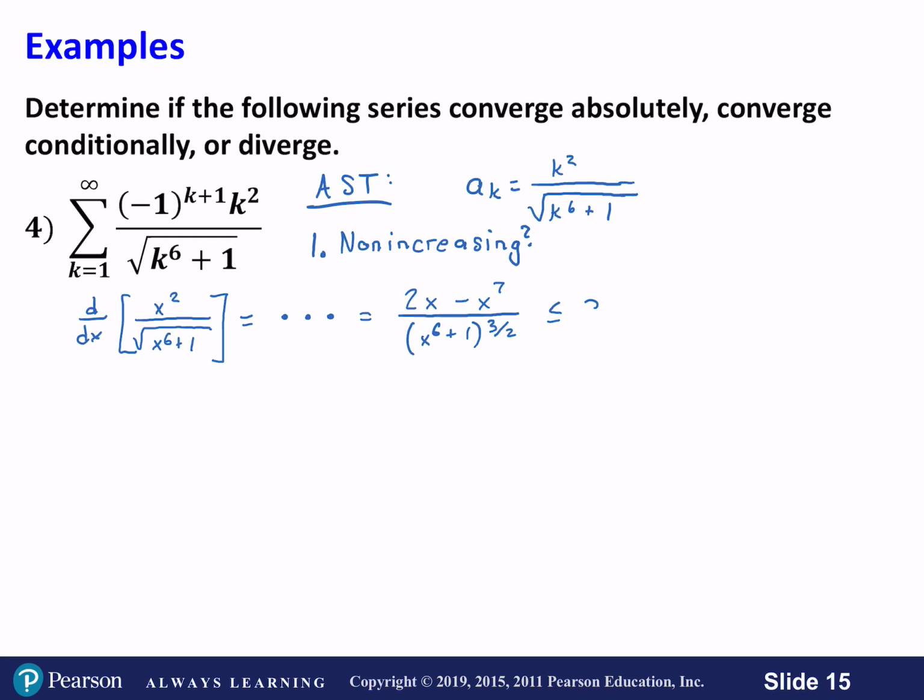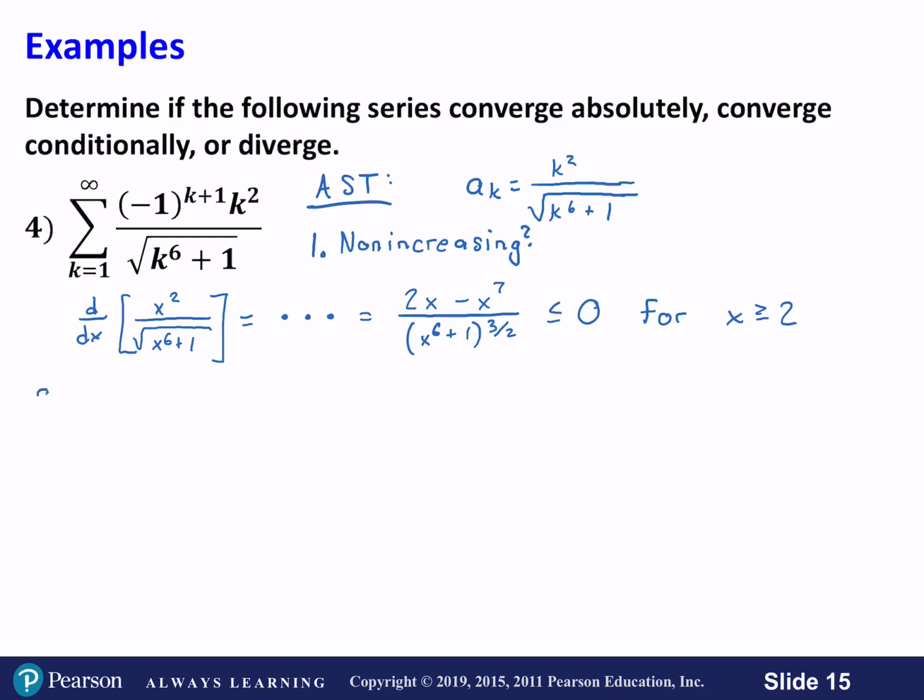So this is less than or equal to 0 for x greater than or equal to 2. Okay, and so that means that the original a_k is not increasing after k equals 2, which is what we want.